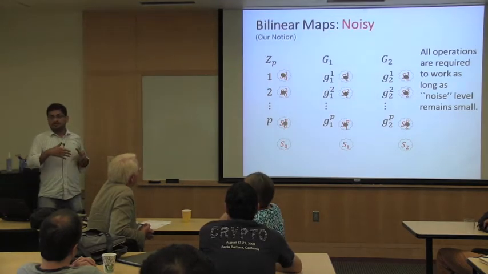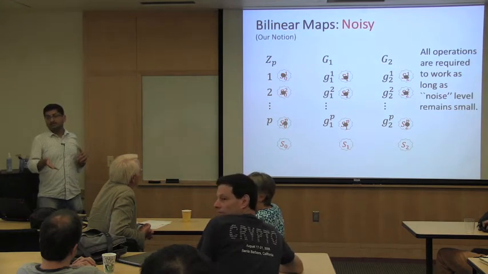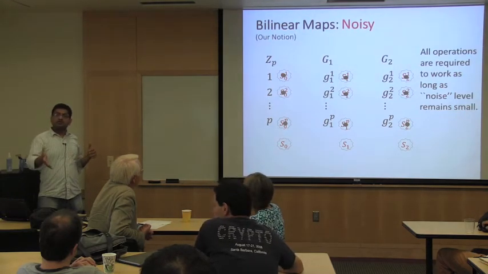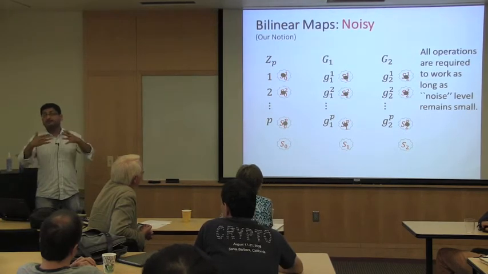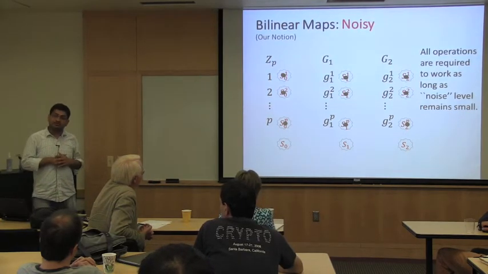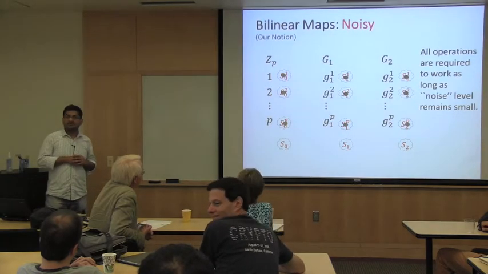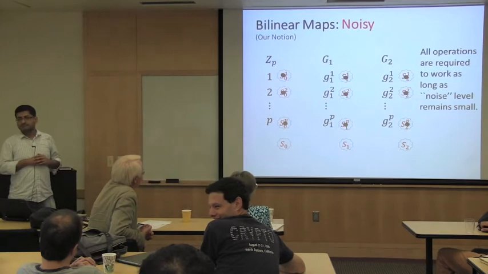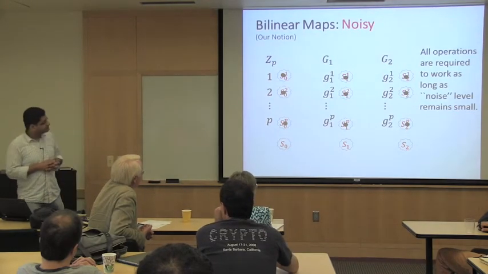That this is the definition, that all the correctness is valid only as long as noise is involved. For the scheme, you will then require that if I perform these operations, then I will guarantee that the noise has not grown and I can still do all these operations. Then you're satisfying this trivially, right?